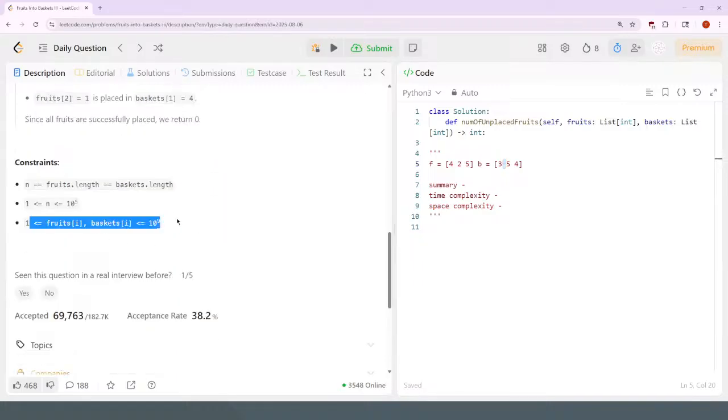Range of fruit values. I wonder if it makes sense to reassign things based on their rank, because the numbers here are kind of arbitrary.